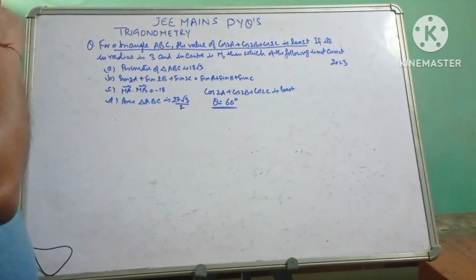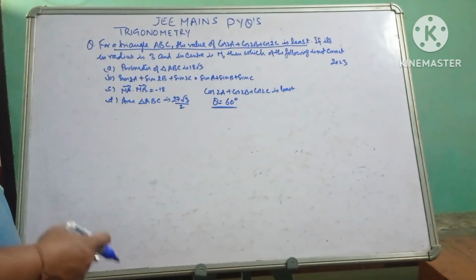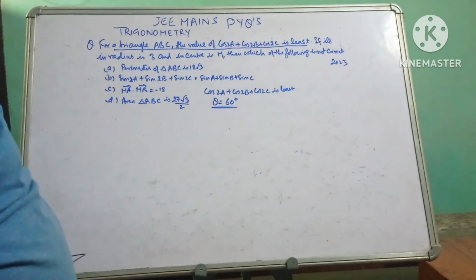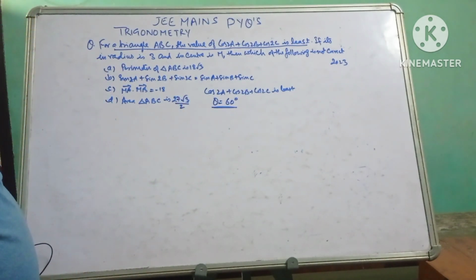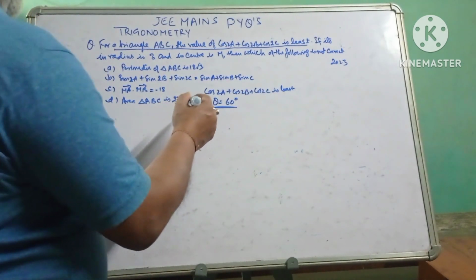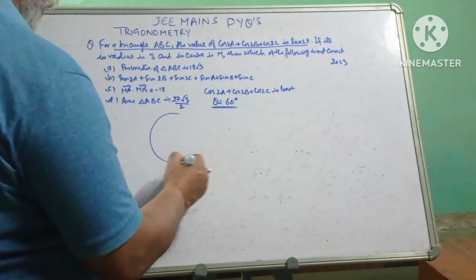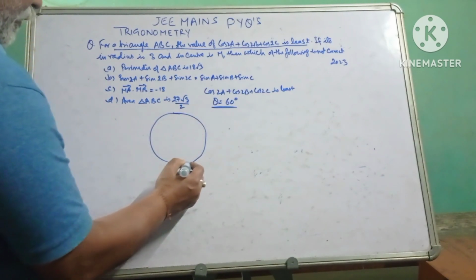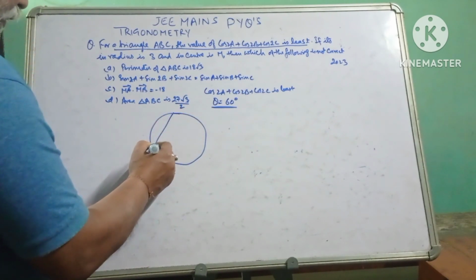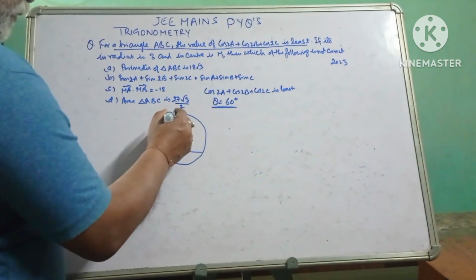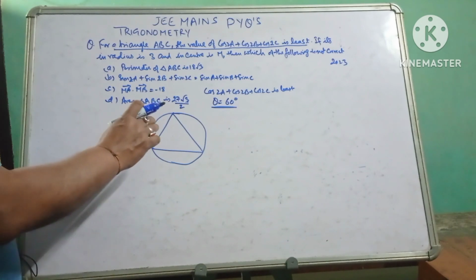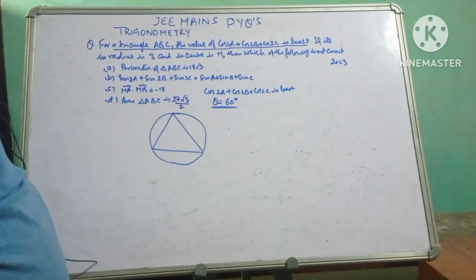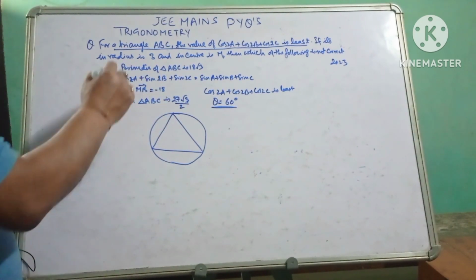If you know this concept, then only you can solve this problem, because then your triangle is an equilateral triangle. Your triangle is inscribed in a circle, because here the in center is given.